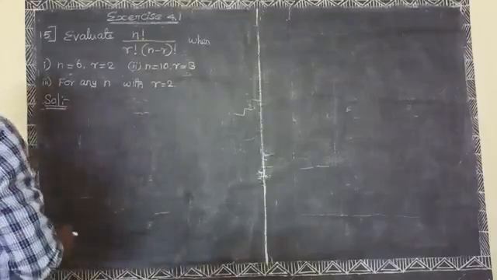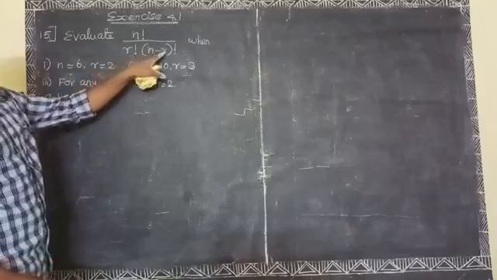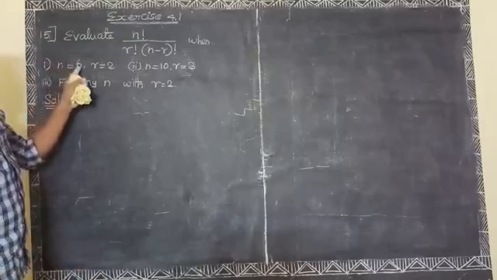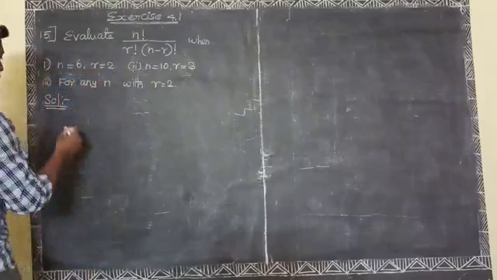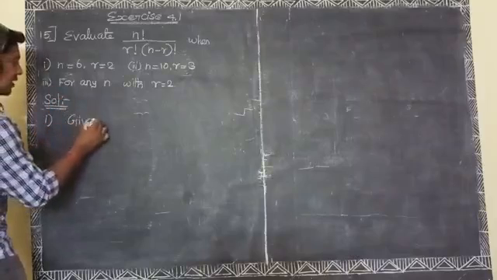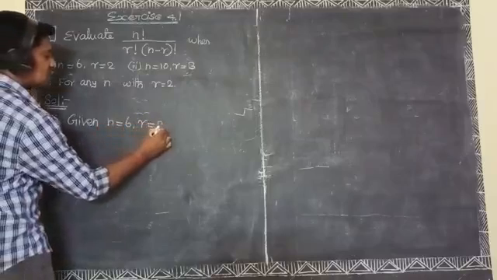Next question number 15, evaluate n factorial divided by r factorial into n minus r factorial when, in the first subdivision, n equal to 6, r equal to 2. Okay. Solution, in the first subdivision given n equal to 6 and r equal to 2.